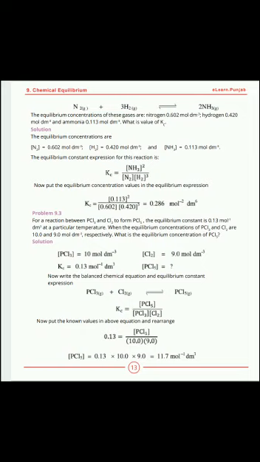Third step, the formula for the equilibrium constant expression. Kc is equal to, products are written in the numerator, PCl5, reactants are written in the denominator, PCl3 into Cl2. By putting values, you can find by simple calculation the equilibrium concentration of PCl5.